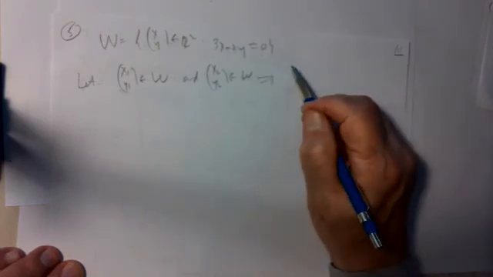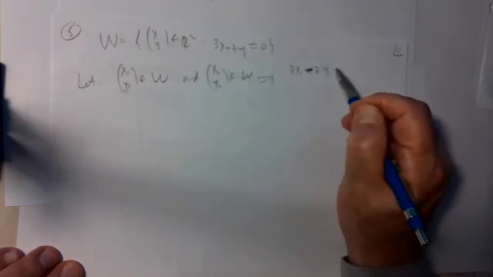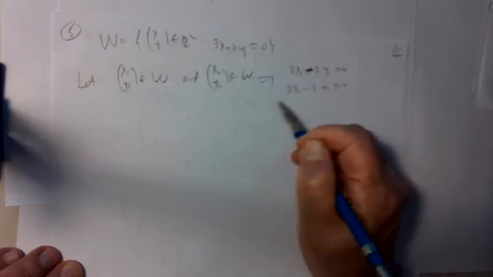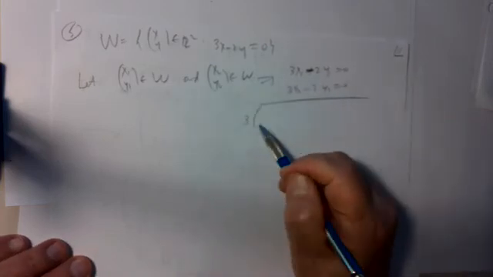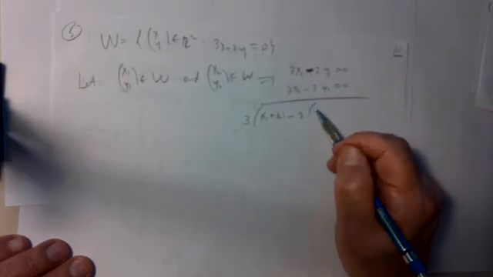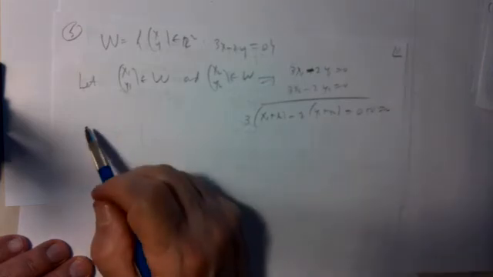So this means that 3x1 minus 2y1 is 0, and 3x2 minus 2y2 is 0. If you add these equations, you get 3 times x1 plus x2 minus 2 times y1 plus y2 is 0 plus 0, or 0.